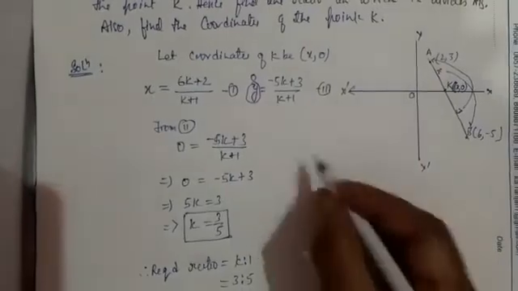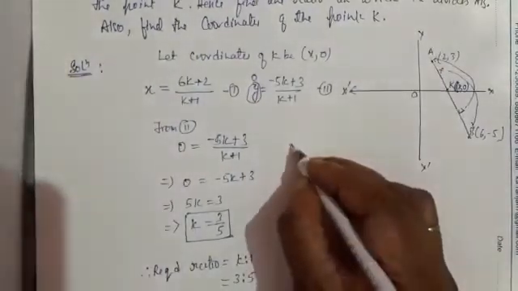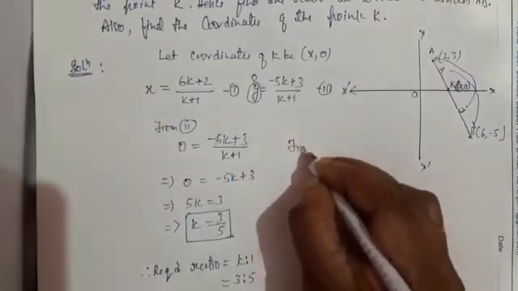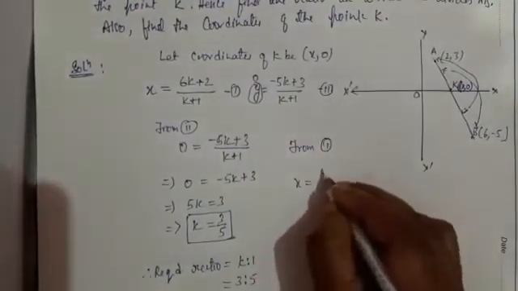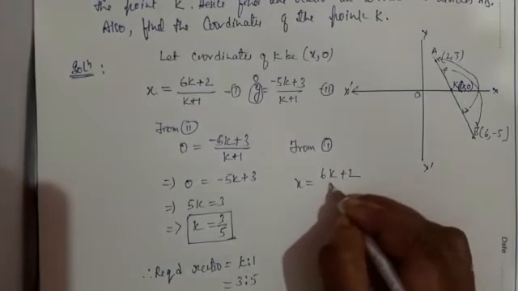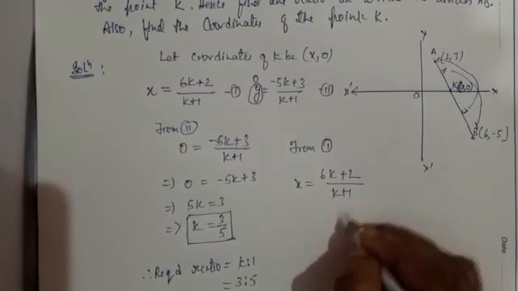Now from 1 we have x is equal to (6k plus 2) by (k plus 1).